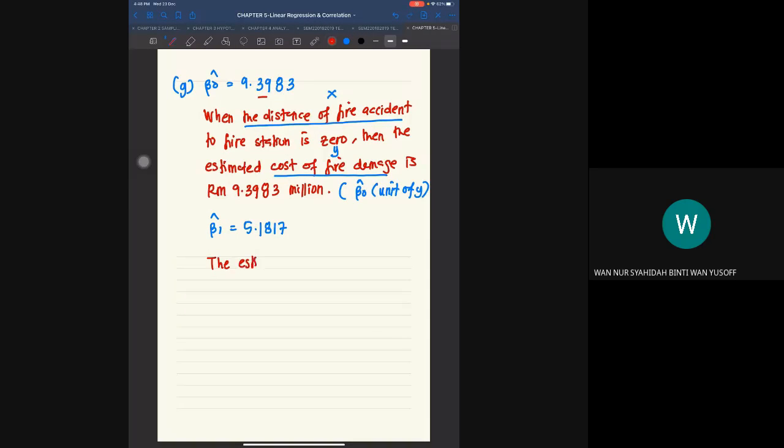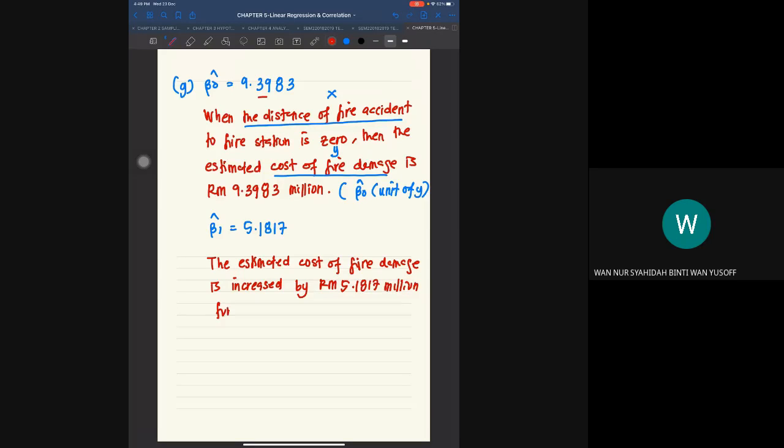The estimated y, cause of fire damage, increases because of positive. If negative, then decrease. It increases by beta 1 value with the unit of y, RM 5.1817 million for every change.